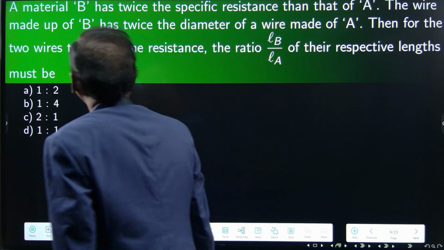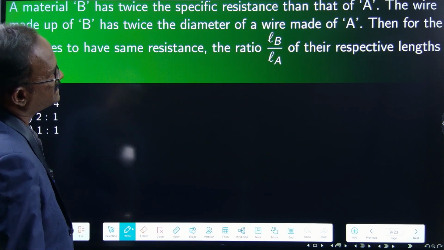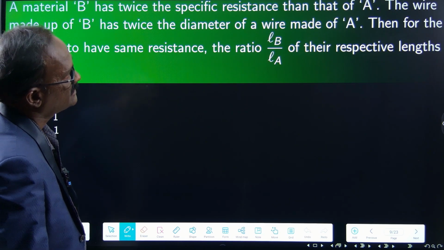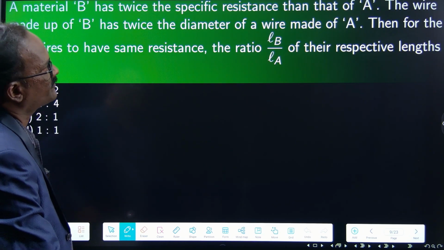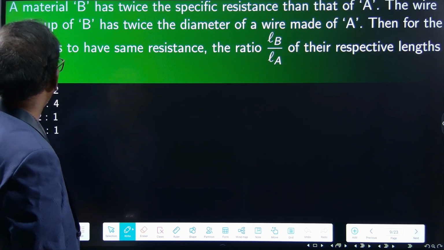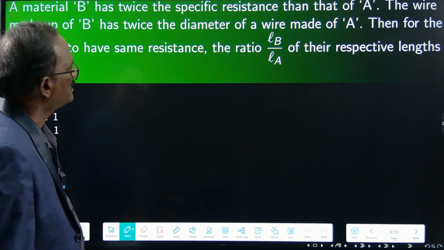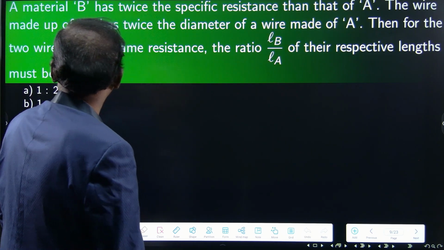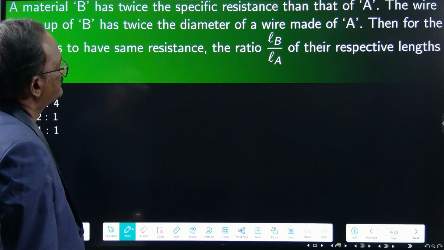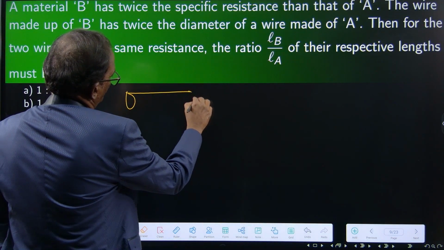A material B has twice the specific resistance than that of A. The wire made up of B has twice the diameter of the wire made up of A. Then for the two wires to have the same resistance, the ratio LB upon LA of their respective lengths must be what?